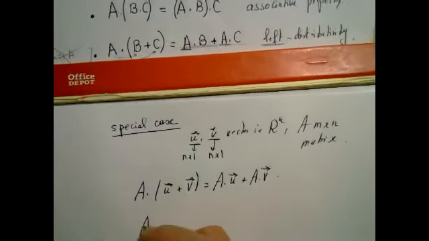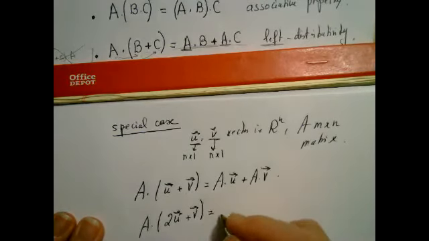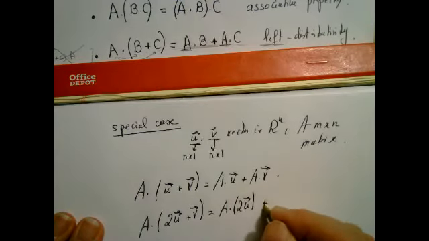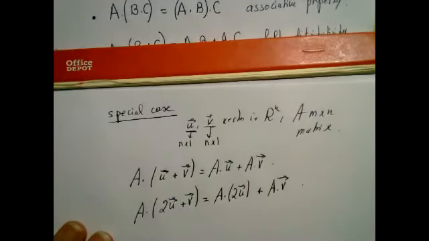Also, if I multiply A by any combination of that, so it's A times 2U plus V, we can split that: A times 2U plus A times V. Now, scalars can be moved around.